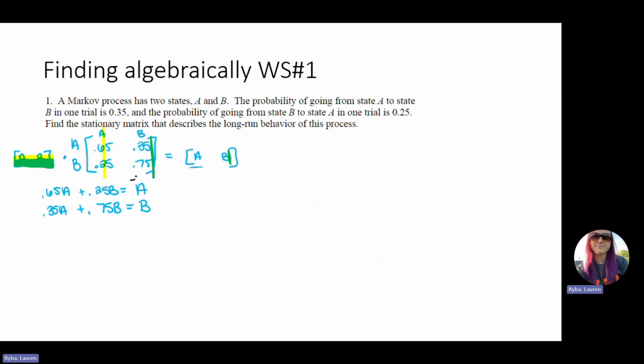So I am going to subtract A in this first equation, and subtract B in the second equation. That is going to give me negative 0.35A plus 0.25B equals 0. Now, if I do the same with the second one, positive 0.35A, if I move the B over, minus 0.25B equals 0.